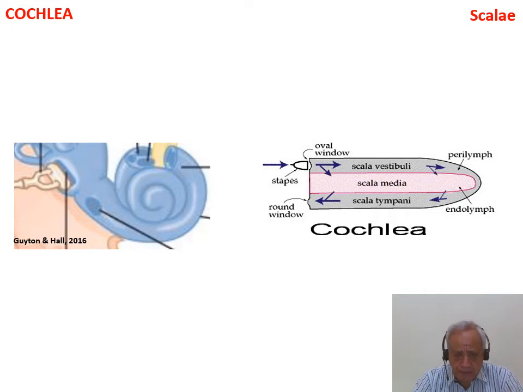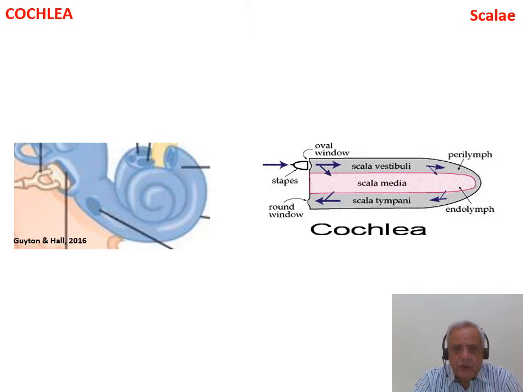Remember that the oval window is closed by the footplate of the stapes, the ossicle, whereas the scala tympani ends at the round window membrane, where there are no ossicles, only a membrane. So we have three chambers, two of them, the scala vestibuli and scala tympani, communicating with each other, and both surrounding the scala media.